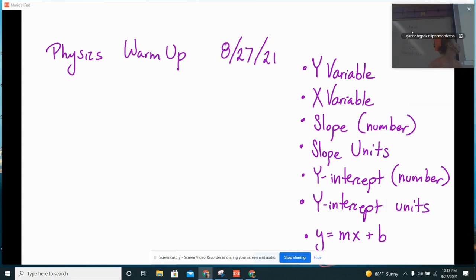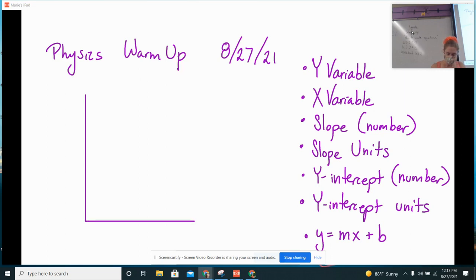Okay. So here is your graph. You know what my favorite example was today that I saw a student do? They did bench press. So they wanted to know how much weight you could lift with the bench press.